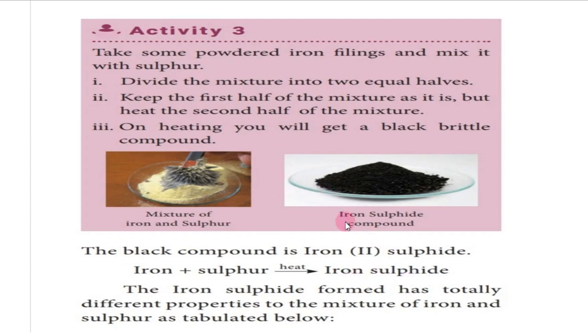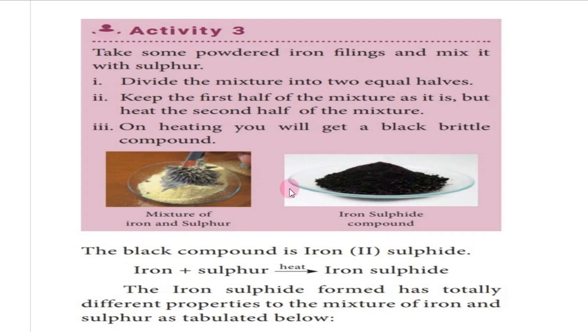So from this picture you can say which one is a mixture and which one is a compound. When we mix them together, that is a mixture, right? The first half is a mixture, and the second half we heated. A chemical reaction goes on, and after this chemical reaction we got a new compound.